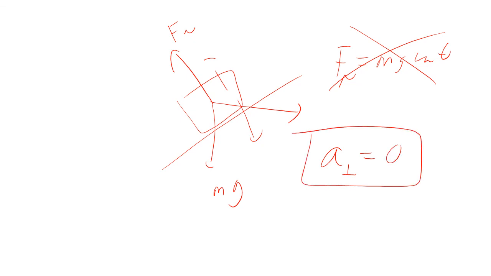The normal is not a set number. The normal is whatever is required for the acceleration perpendicular to the surface to be 0. So do not think that the normal is always mg or only mg cosine theta. The normal is whatever it needs to be.